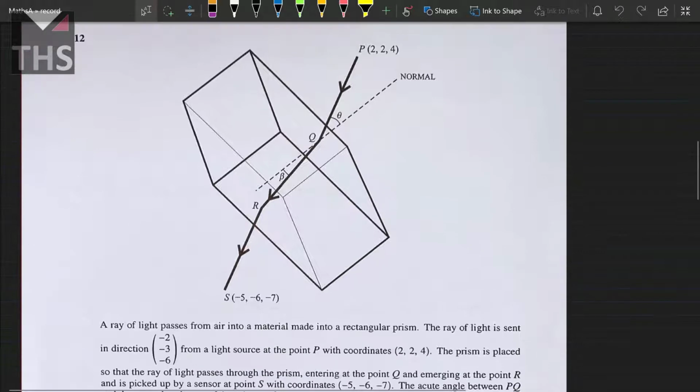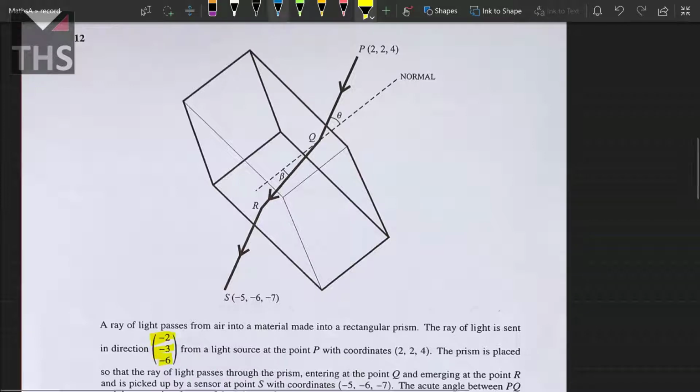Okay, so you start off, the ray of light passes from air into material. This is a prism, so they didn't use any technical terms here, so you can't say they're referring to physics, okay? They didn't say refraction anywhere. So anyway, the ray of light is sent in this direction.